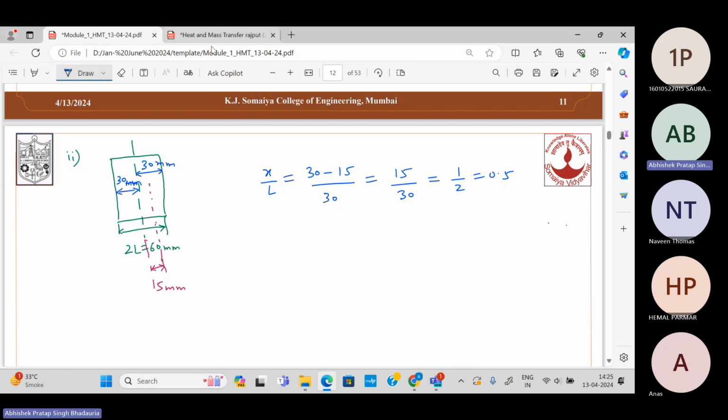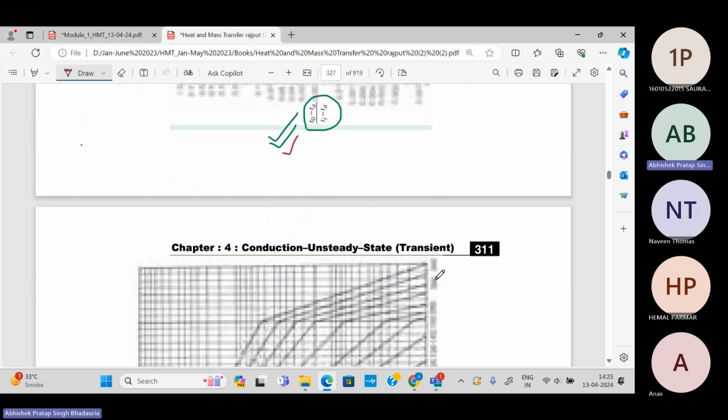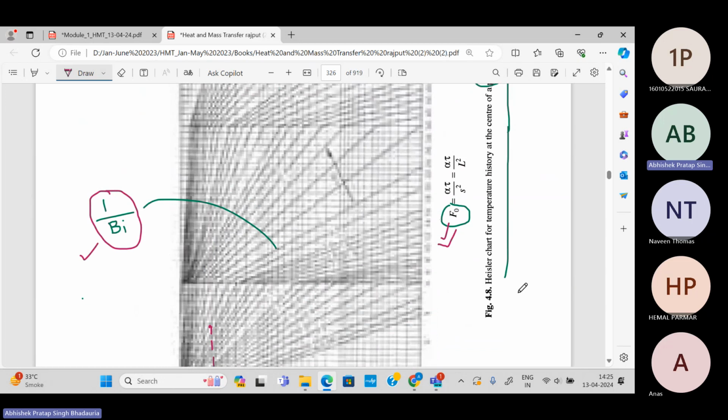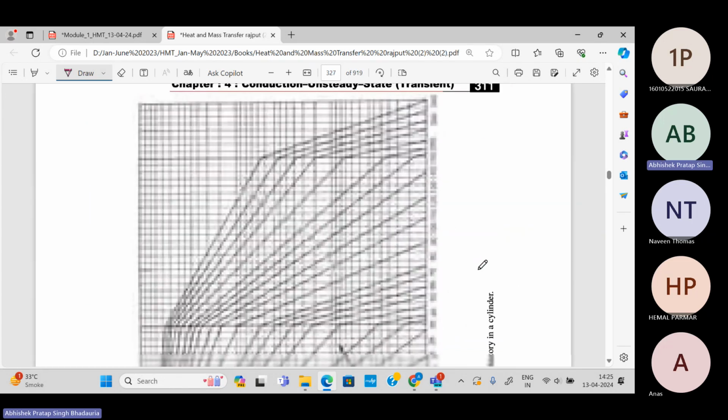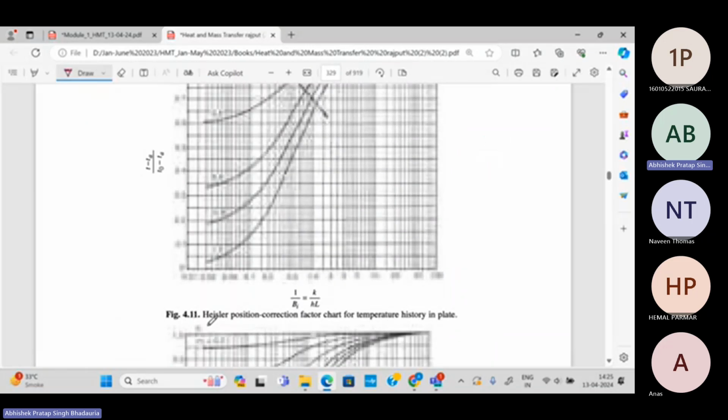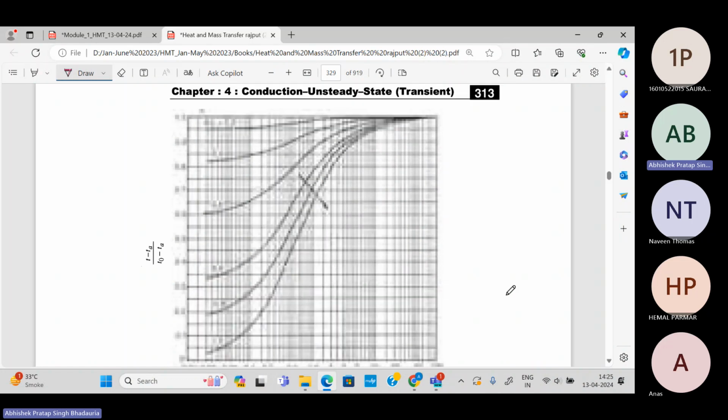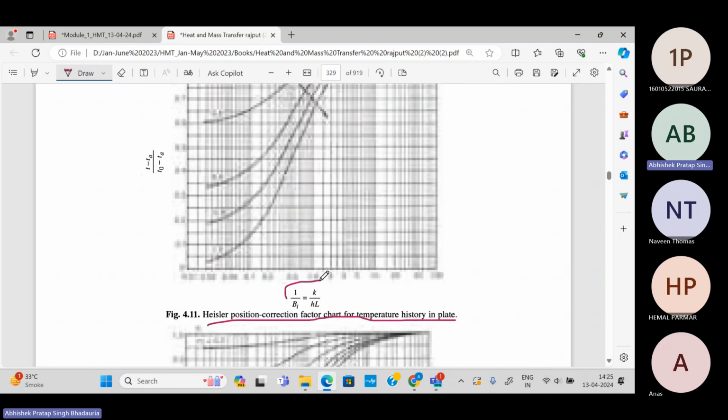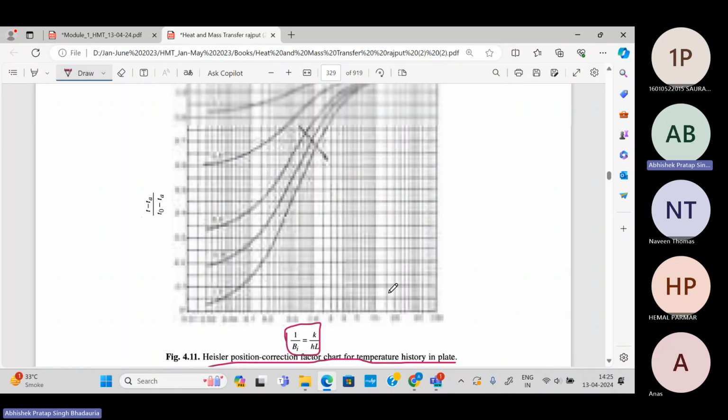Now we will use the correction factor chart for this. We have to use a correction factor chart for the particular geometry. This is the Heisler position correction factor chart for a plate. On the x-axis, 1 upon Biot number is there, which we have already calculated.